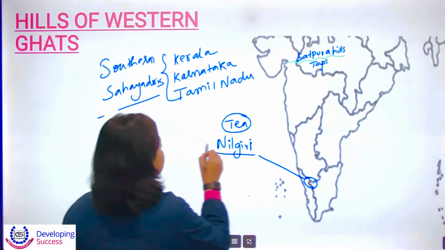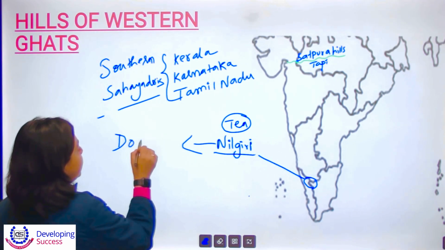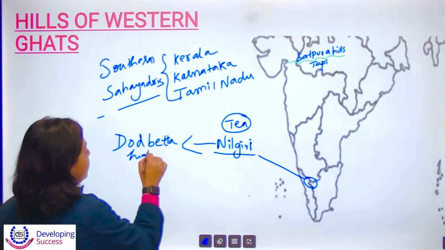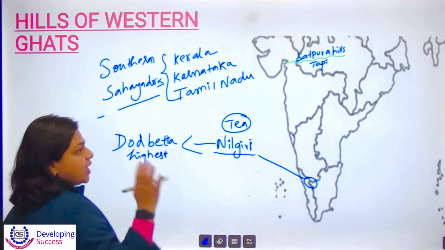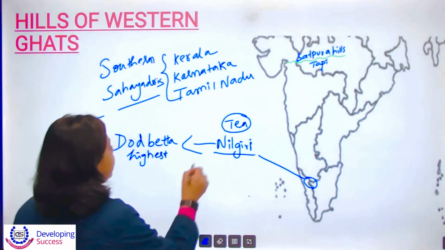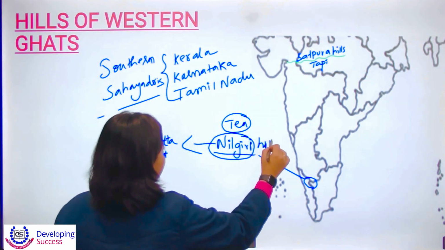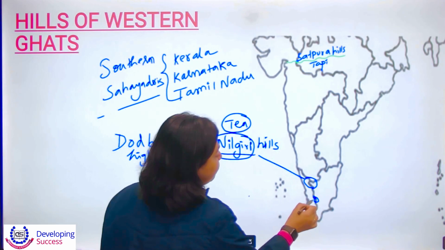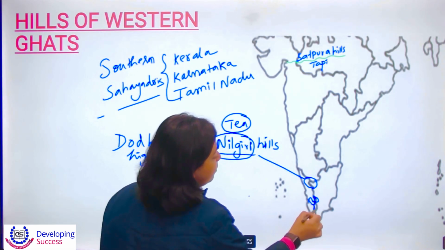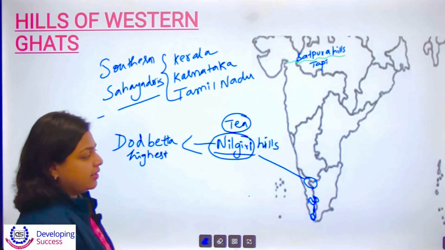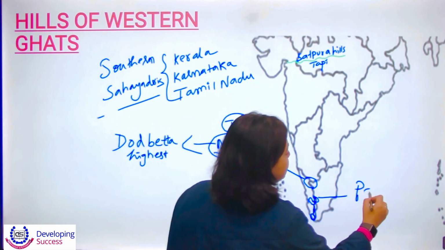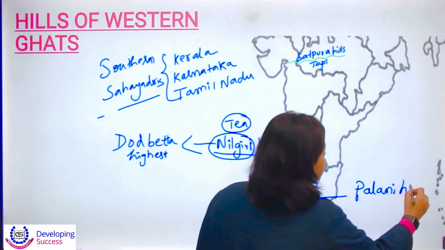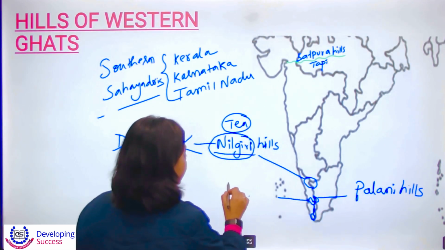And in the Nilgiri Hills, we have the Doda Beta Peak. Doda Beta is the highest peak of Nilgiris. Not the highest peak of any state or any mountain range, but it is the highest peak of Nilgiri Hills. Next hill is the Palani Hills here, and we have the Annamalai Hills, then we have the Cardamom Hills, and then we have the Agastyamalai Hills.